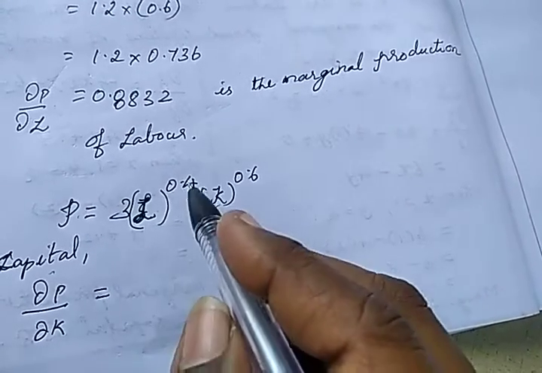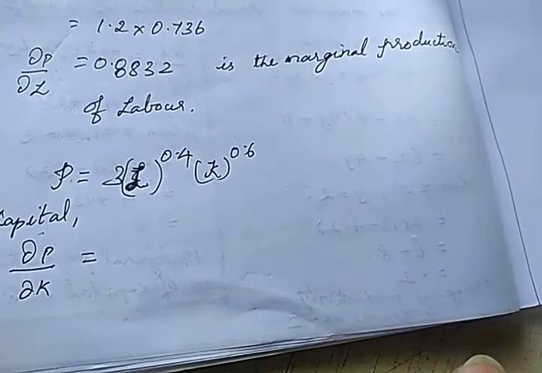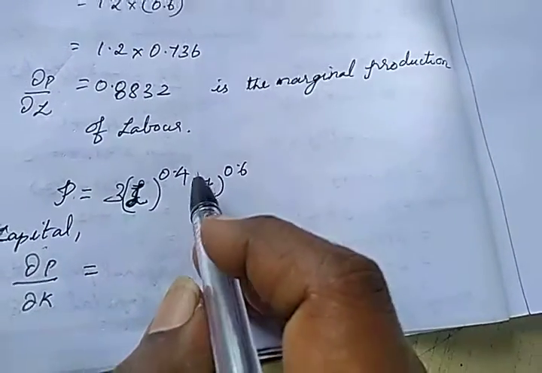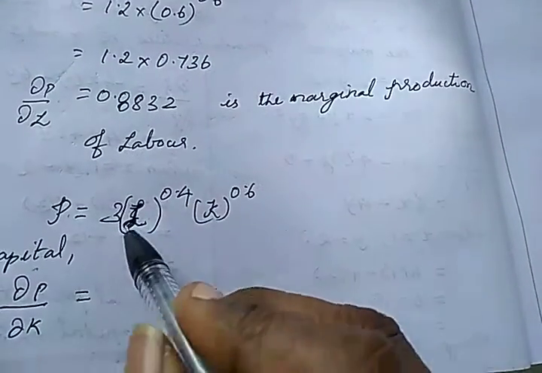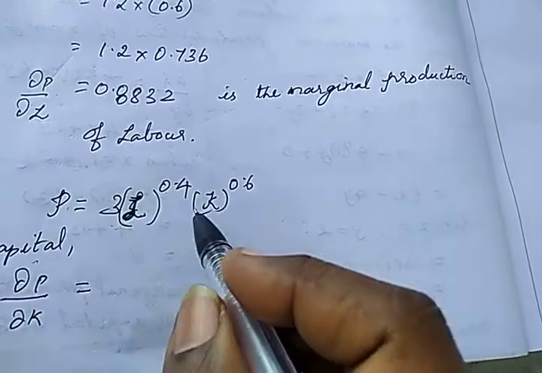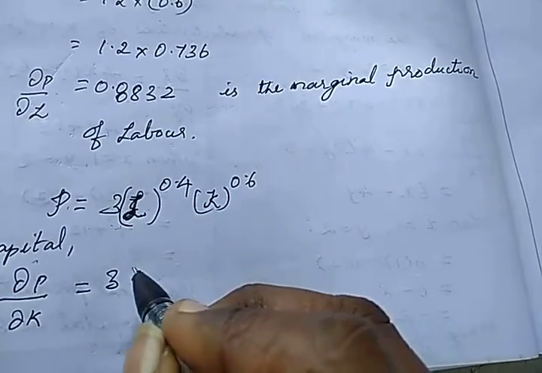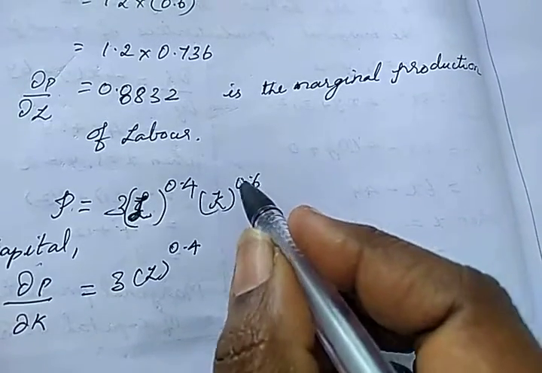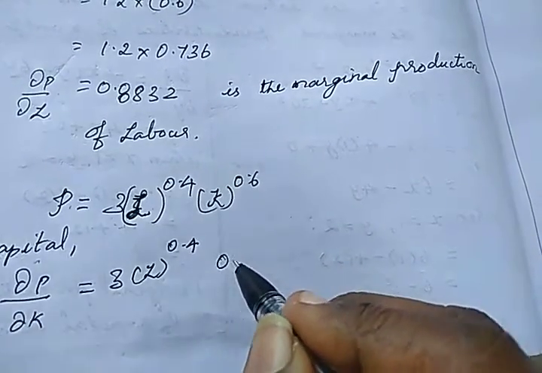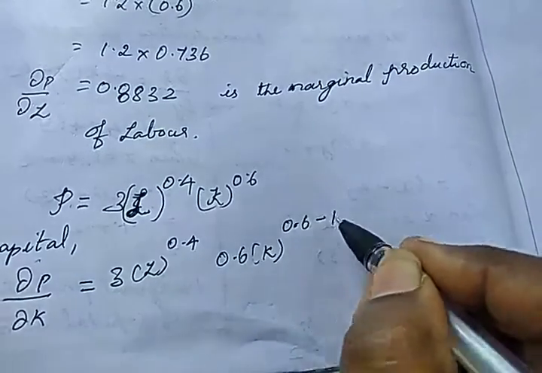When I differentiate, L is a constant and it is in multiplication along with K. So L will not be affected. 3L whole to the power 0.4. This 0.6 will come to the front into K to the power 0.6 minus 1.